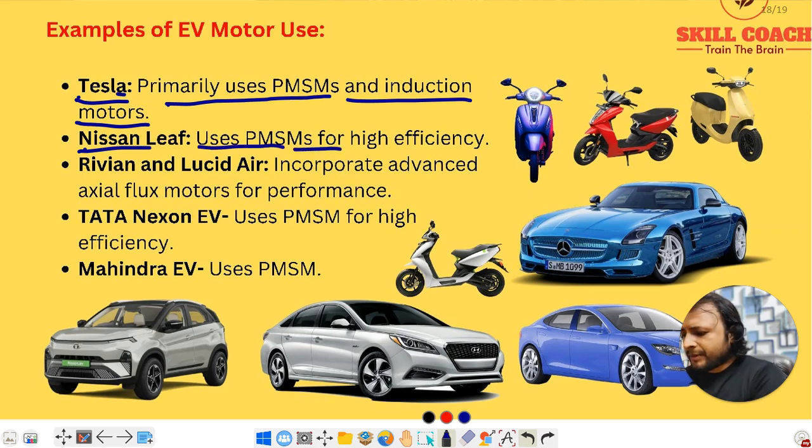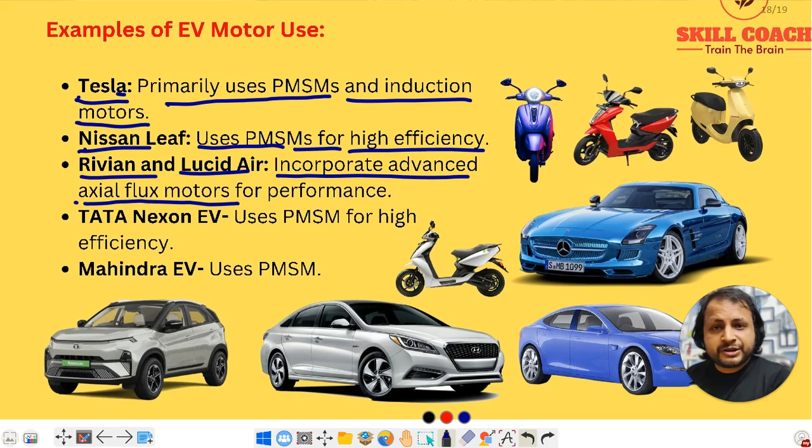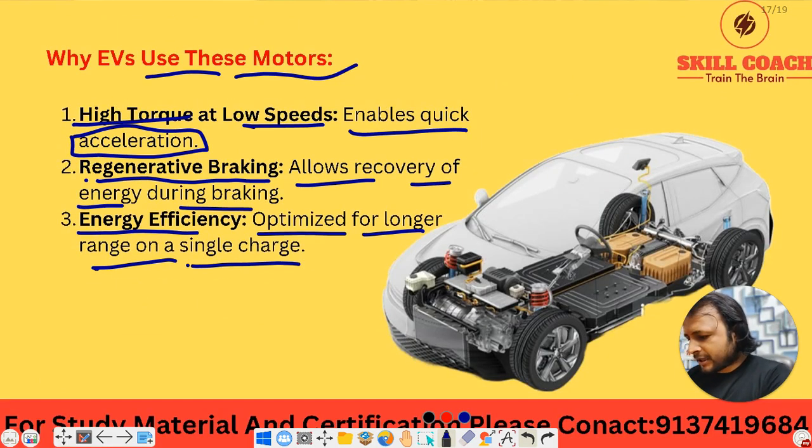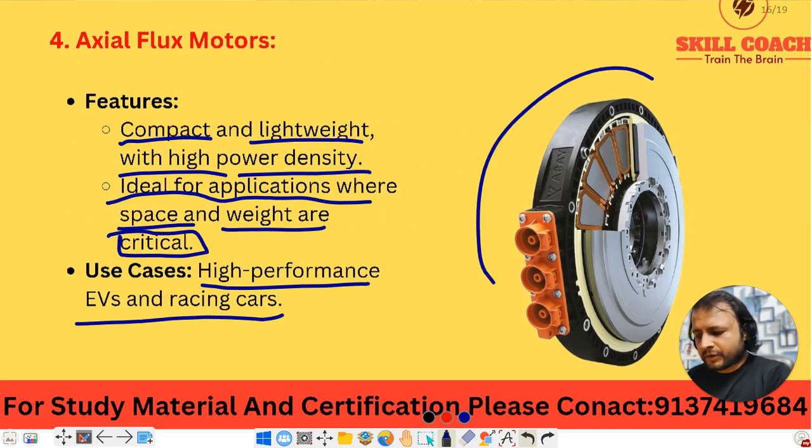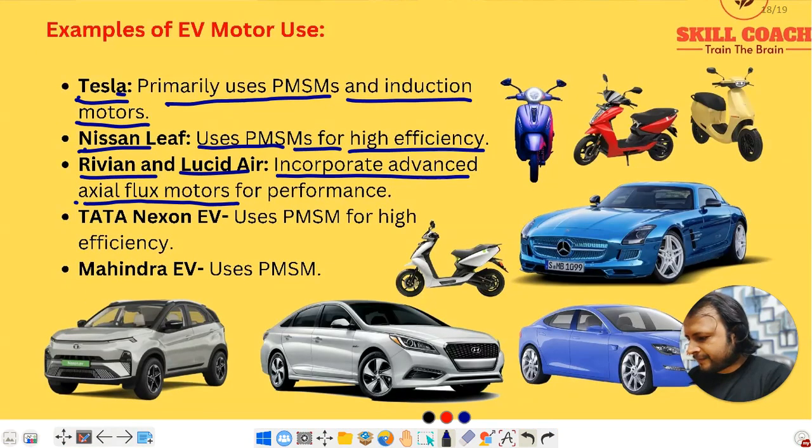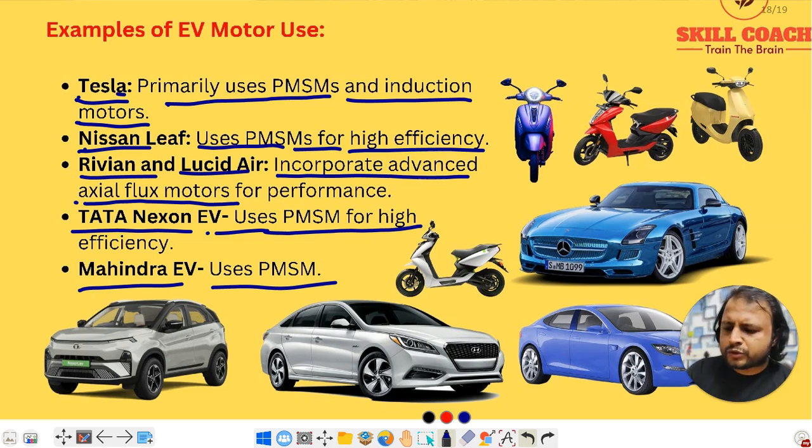Nissan Leaf uses PMSM for high efficiency, and Rivian and Lucid Air are using advanced axial flux motors. अभी हमने पीछे बताया था आपको axial flux, है ना? पीछे जाएं तो देखिए इधर है हमारे पास axial flux motor, आप एक बार देखिए. Okay, so this is used by Rivian and Lucid Air for the performance absolutely, and the Tata Nexon EV uses PMSM for high efficiency. And Mahindra also uses PMSM motors, and in two-wheelers, some use PMSM, some use BLDC motors for better control and precision.